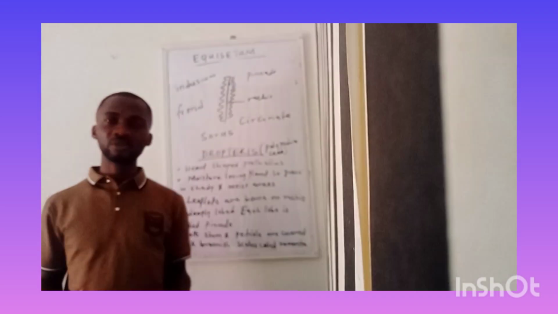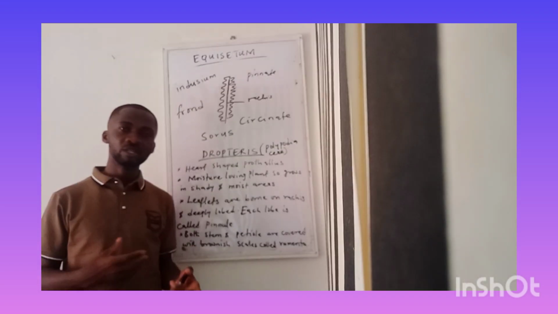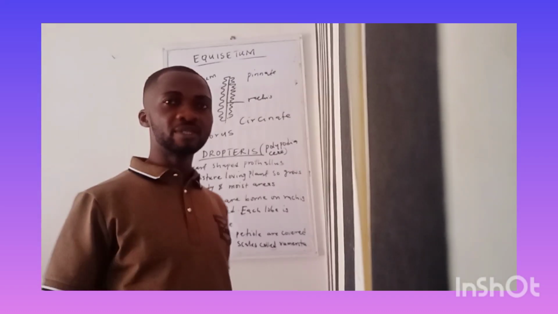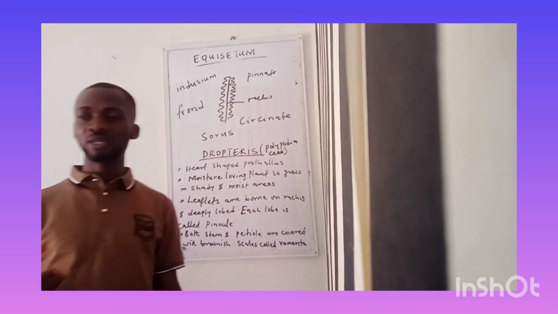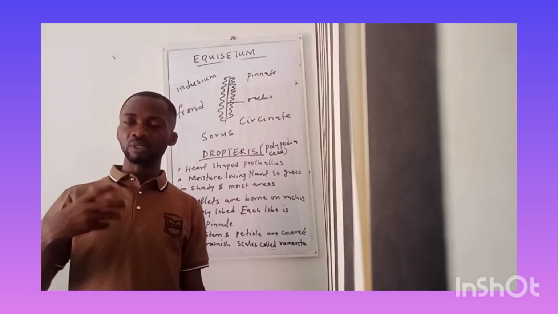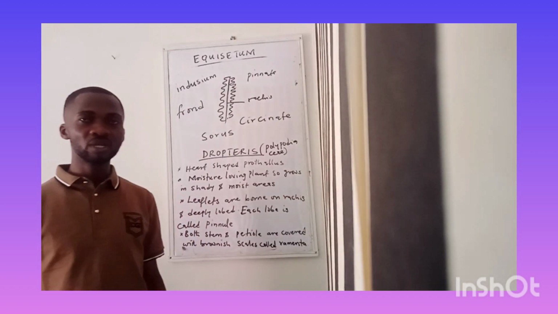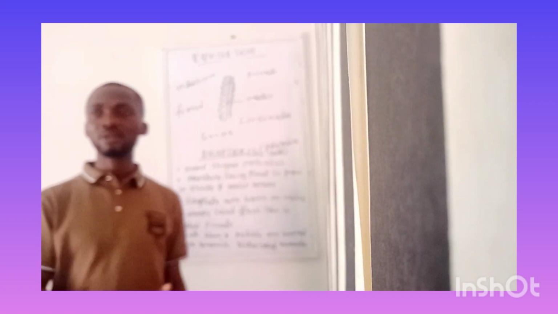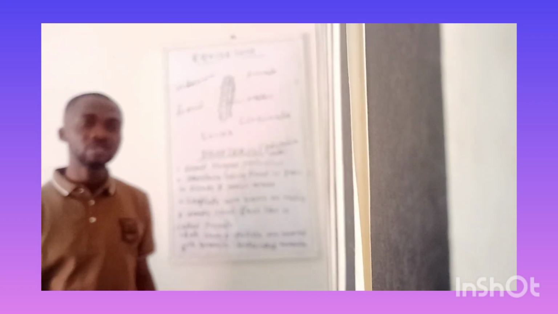It has some structures that are not found in the sporangium of other plants. Don't forget that as plants advance, they get other sophisticated structures that are not found in the primitive ones.